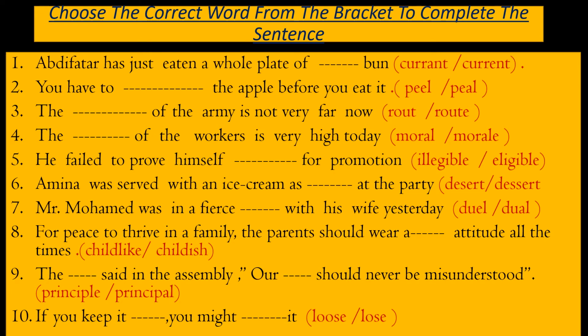Now, for peace to thrive in a family, the parents should wear a dash attitude all the times. For peace to thrive in a family, the parents should wear a childlike attitude all the times, meaning the children in the family should see that parents are behaving in a very humble, harmonious, united way where they don't keep grudges between themselves.